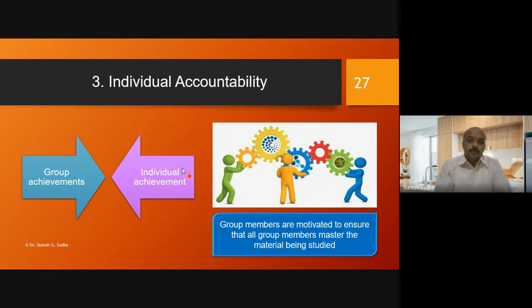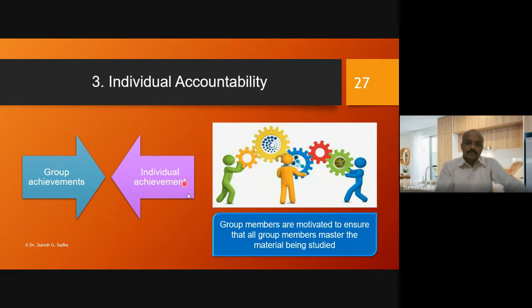So when every individual works efficiently, that will be the best for peer achievement. Group members are motivated to ensure that the group members are masters in the material being studied.